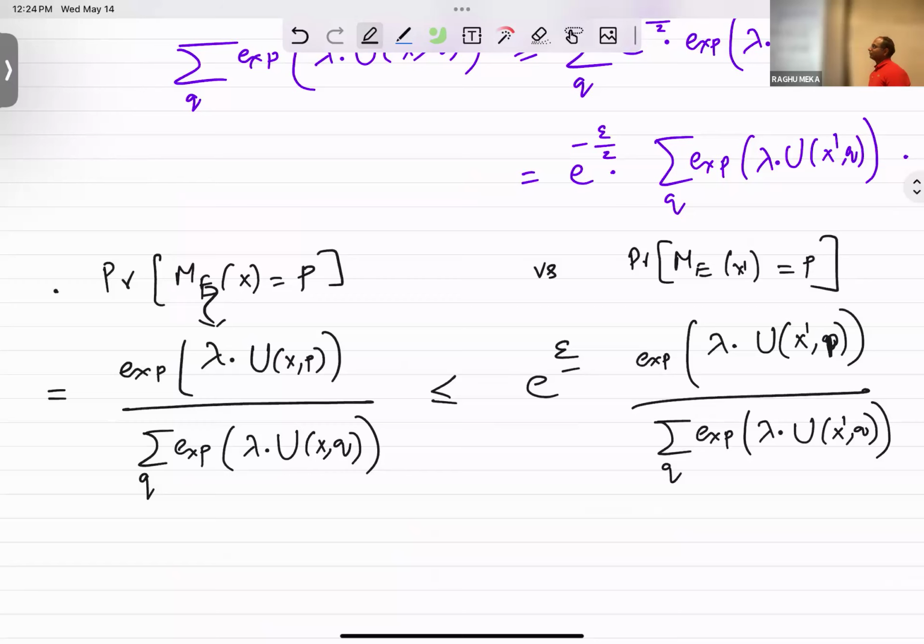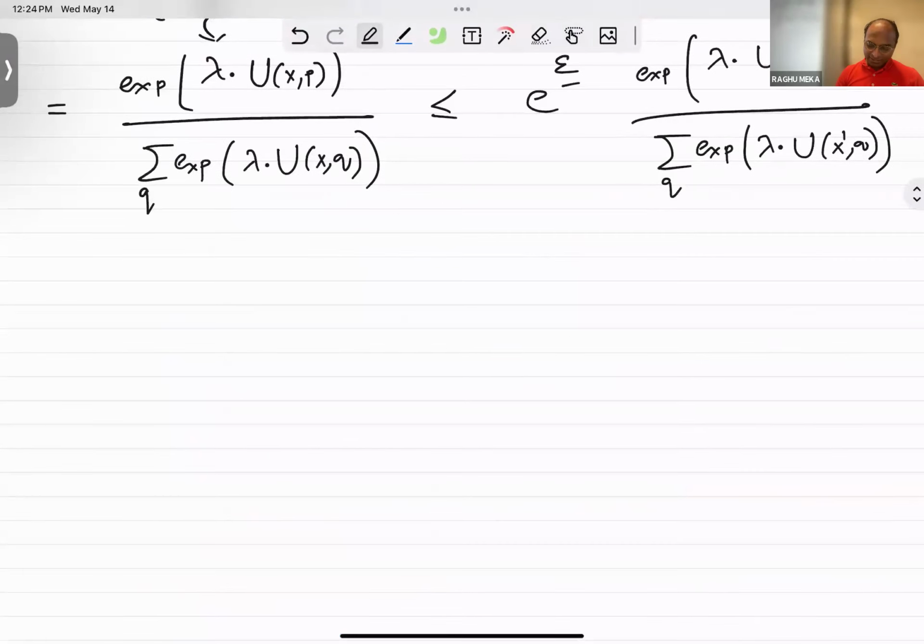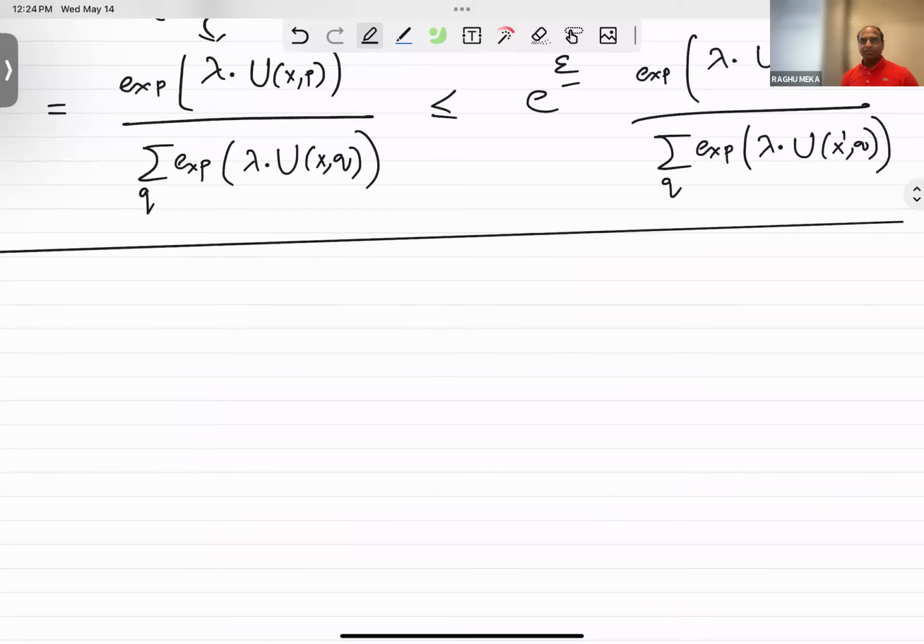All right. So exponential mechanism does give us epsilon differential privacy.